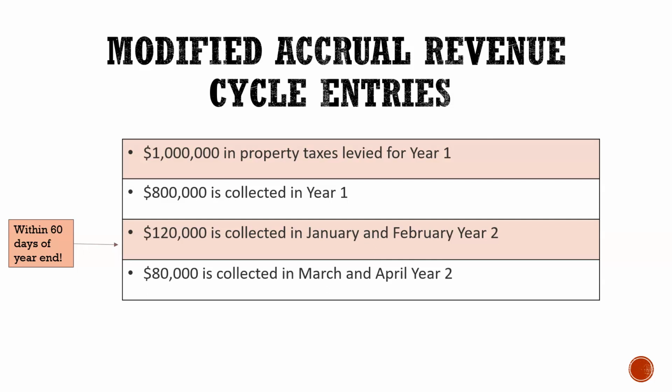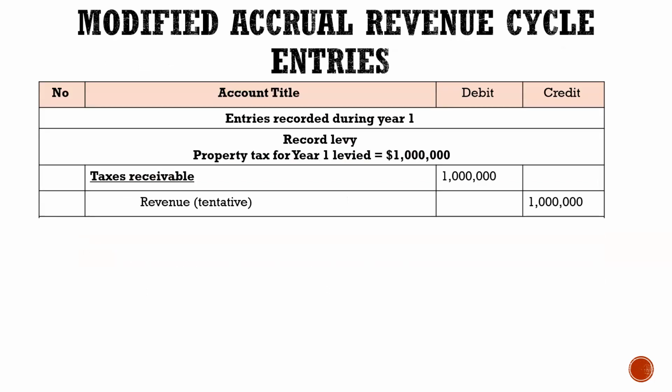The $80,000, however, in March and April of year two, was not collected within that 60 days. So yes, it's measurable, we know how much, but is it available? No, it fails the availability criterion for our revenue recognition. So we would not recognize that in year one. It would be part of year two revenues.